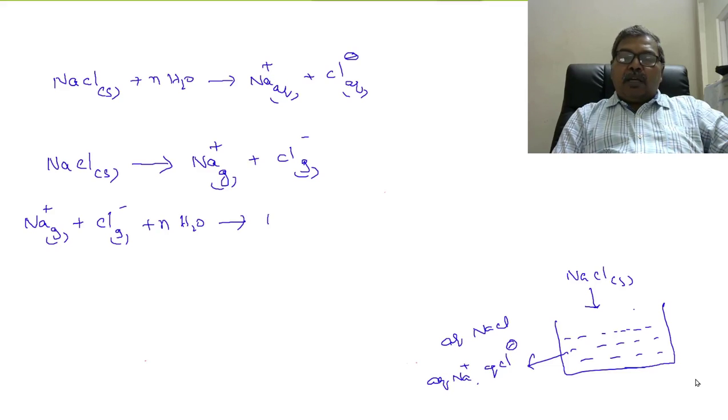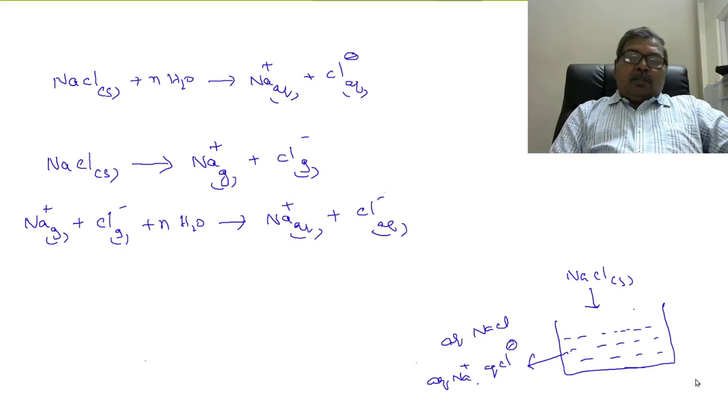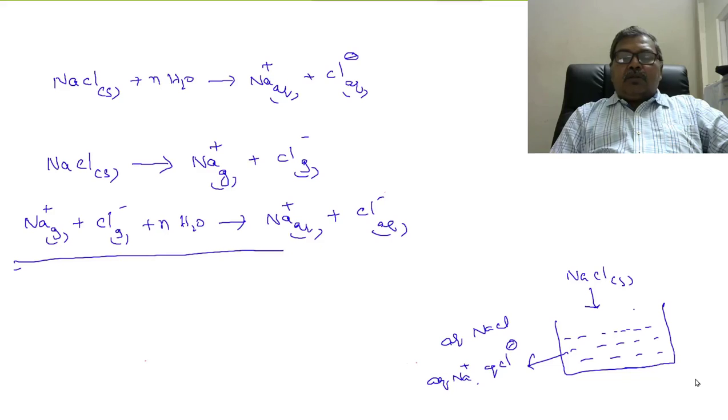Now it became aqueous Na plus and Cl minus aqueous. Right? Say this is the first step, say this is the second step.